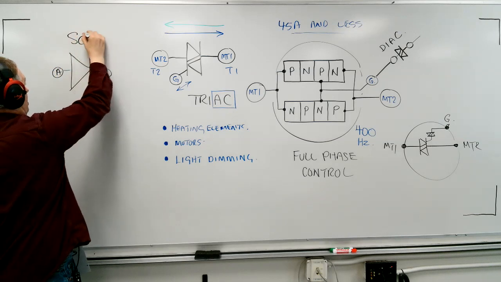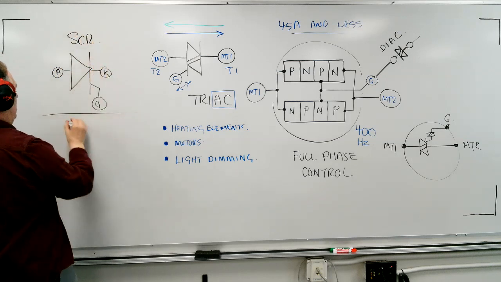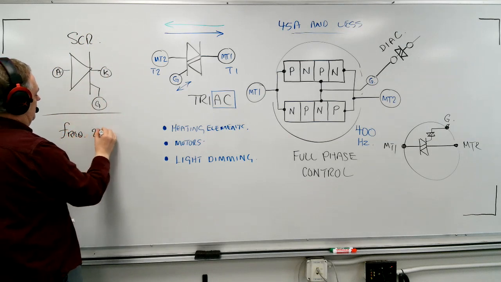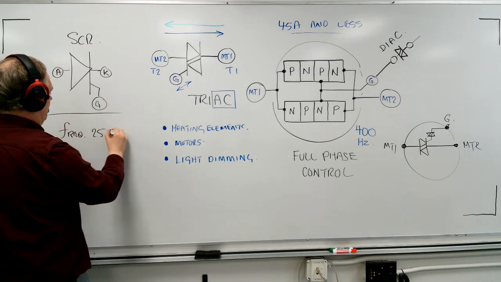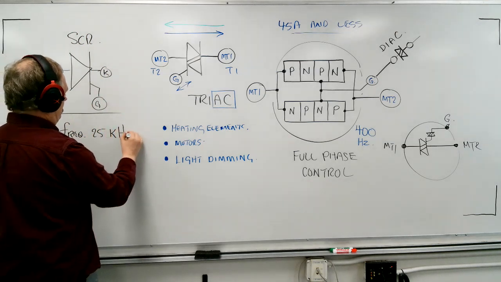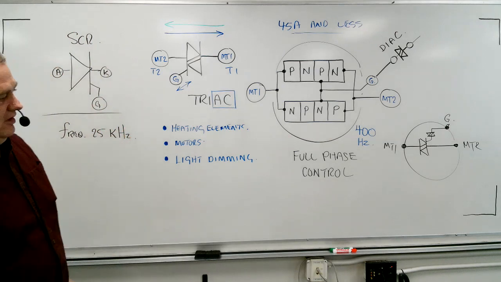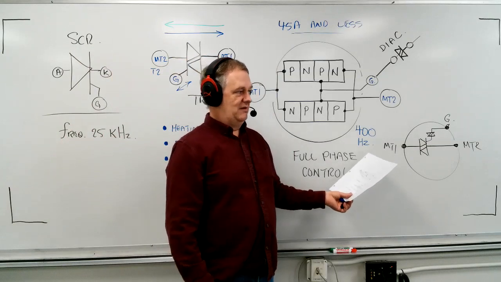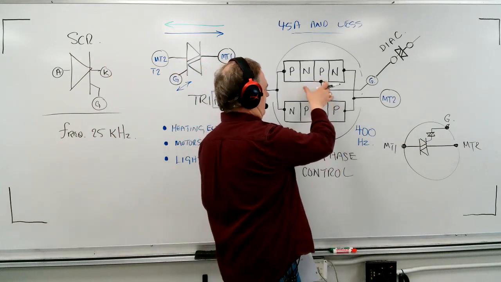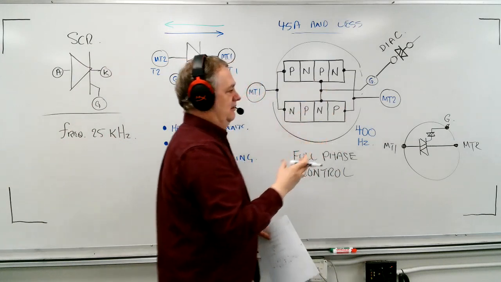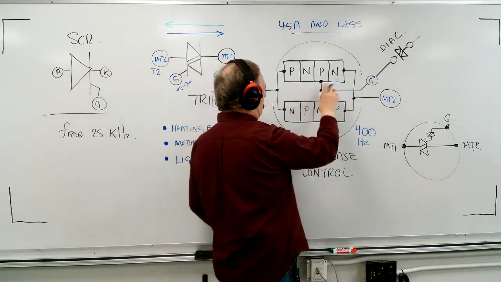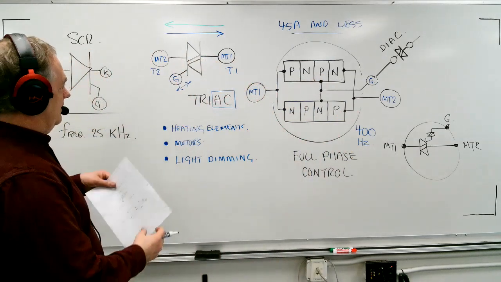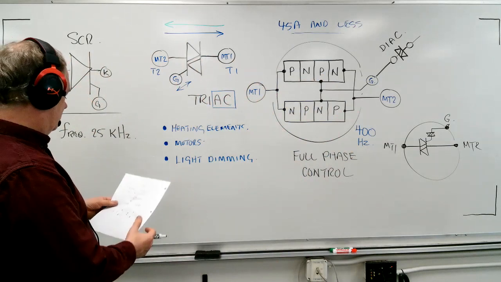This one can be switched at a frequency of up to 25,000 hertz, or 25 kilohertz. And so the triac is much slower in its capability, simply because it gets confused inside of the process of what's going on if you start trying to do it too fast, and it breaks down. So that gives you a little bit of a description of the triac.